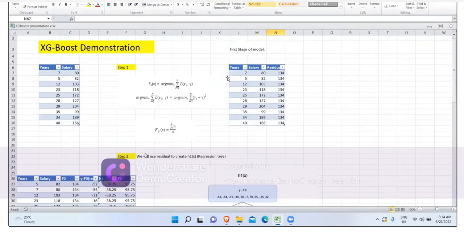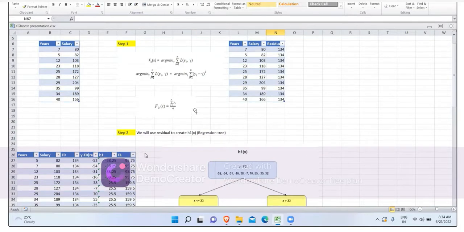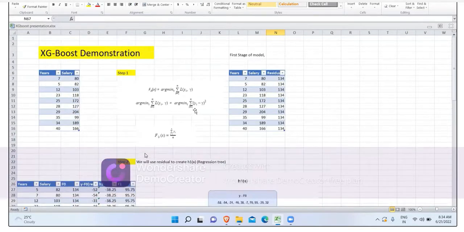Sir, is my screen visible? Yes. Okay. So I've taken the data where I've taken years of experience as the predictor variable and the salary as the target variable over here. As you can see, I've taken the data of the employee with 7 years of experience, who has a salary of 80,000. The salary is in thousands of dollars.